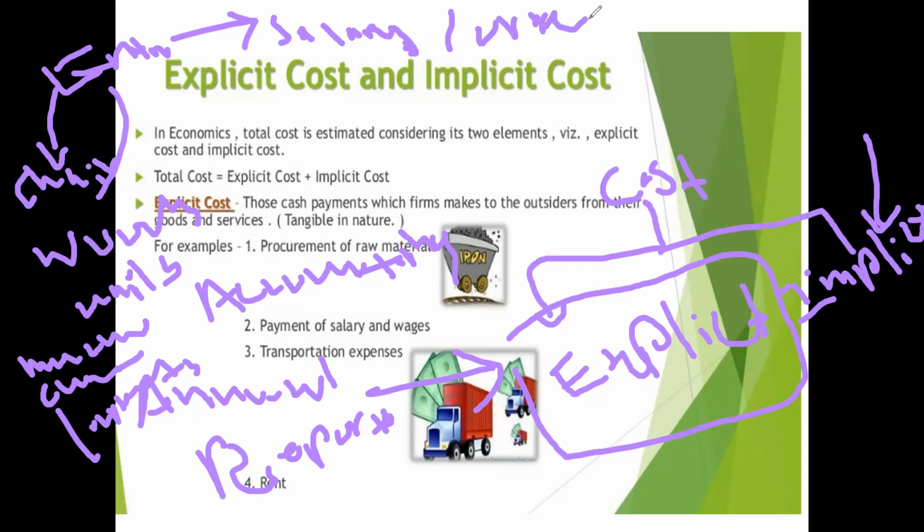Opportunity cost means, as I already explained in the first session, if you select one choice, you have to sacrifice other alternatives. Out of all the alternatives, the value of the second best alternative we consider as the opportunity cost.